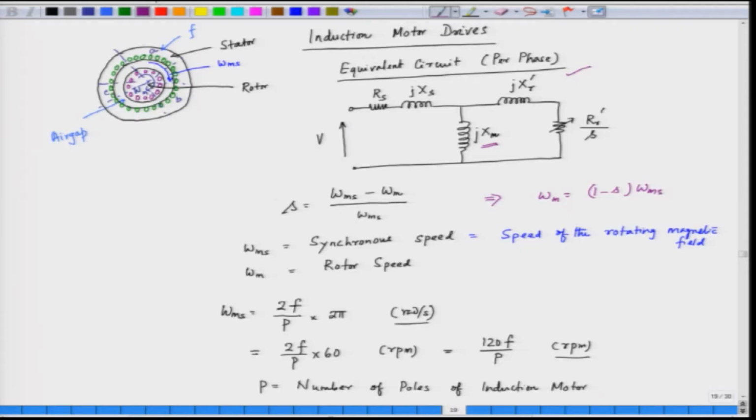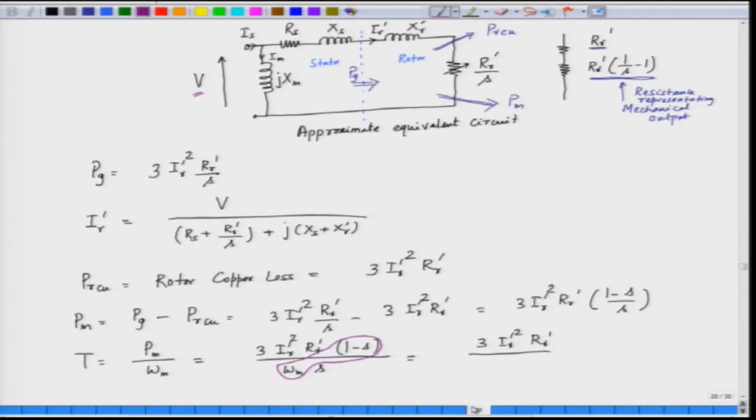So, from this equation for the slip, we can find out the mechanical speed, which is (1 minus s) into omega m s. So, when we substitute for omega m s, this 1 minus s gets cancelled. So, what we get here is omega m s into s. So, this is the torque of the induction motor.